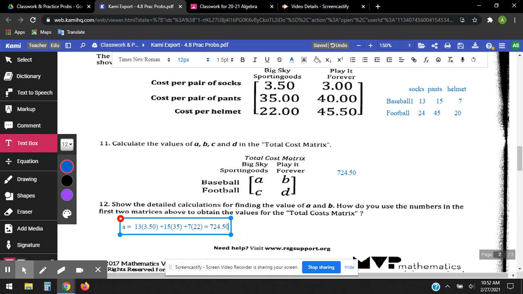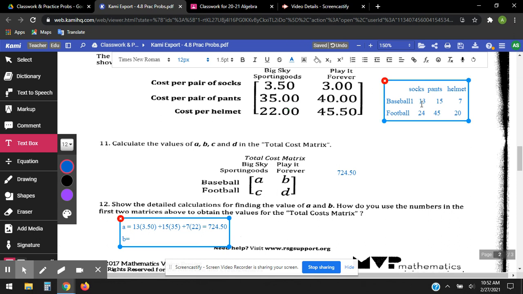Okay, let's go ahead and do B. So B then is play it forever. So I'm doing the same three numbers, baseballs, and I'm going to put those in with these three numbers.